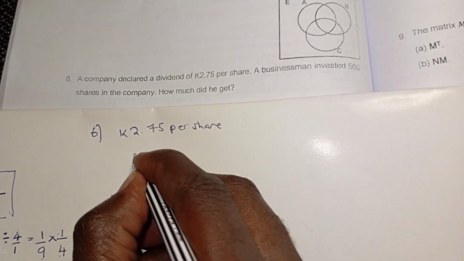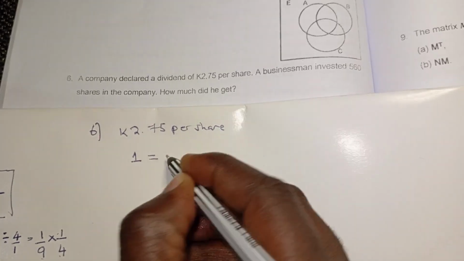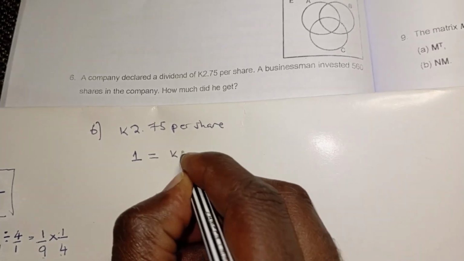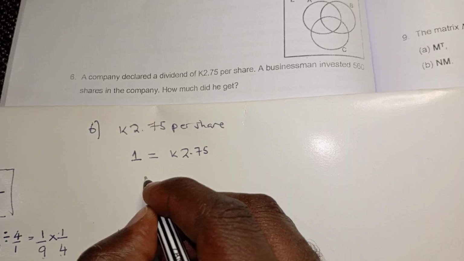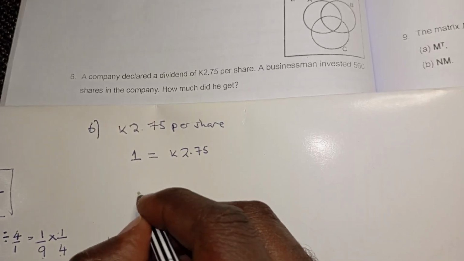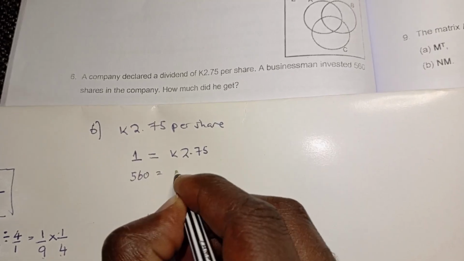So now if per share, meaning 1, is equal to this amount, what about the 560 that was invested by this businessman?